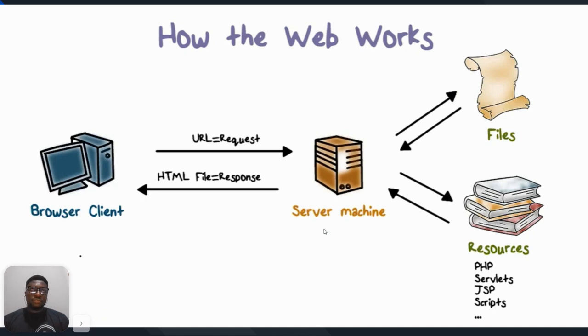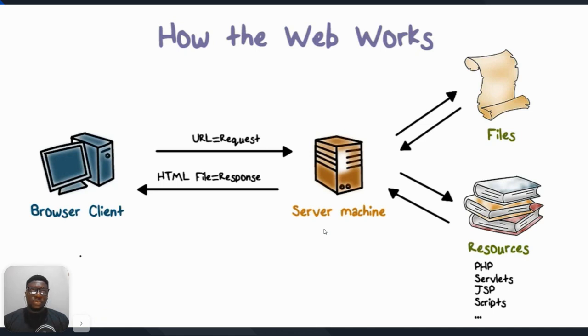Servers are computers living on the internet that have different files and programs living on them. And these programs and files on these servers have specific unique addresses that help one get access to them.